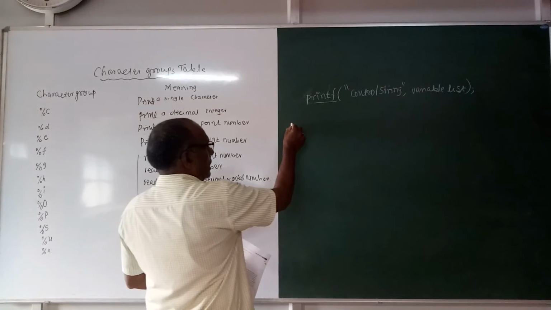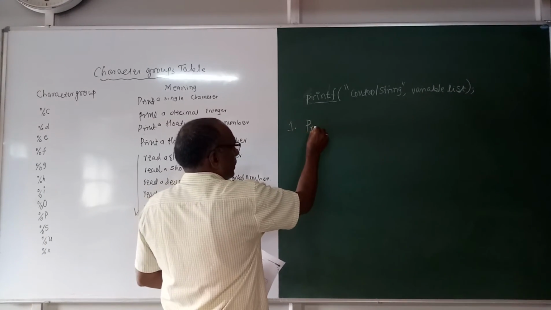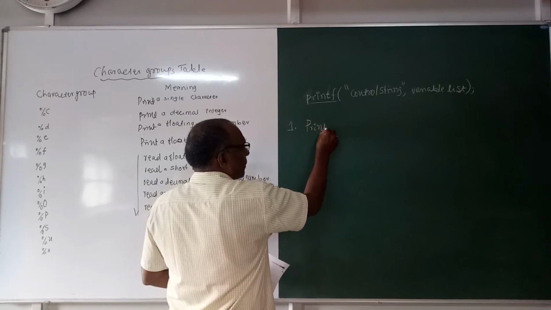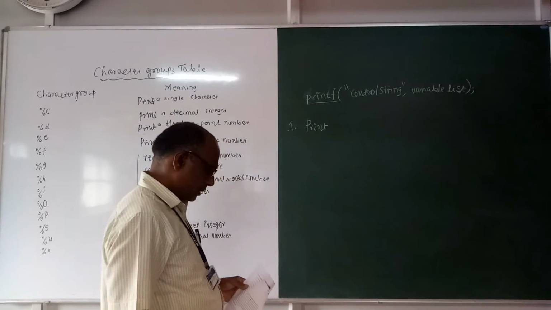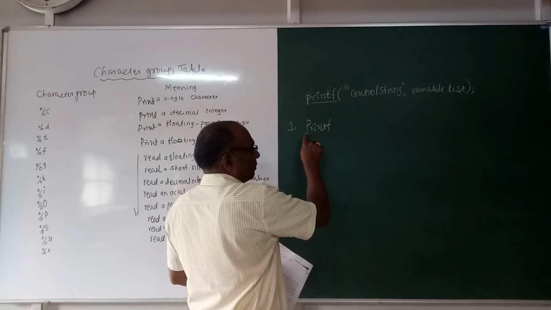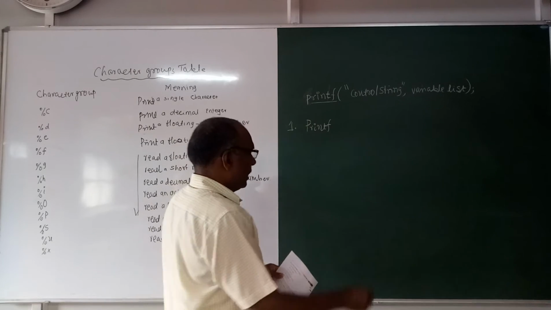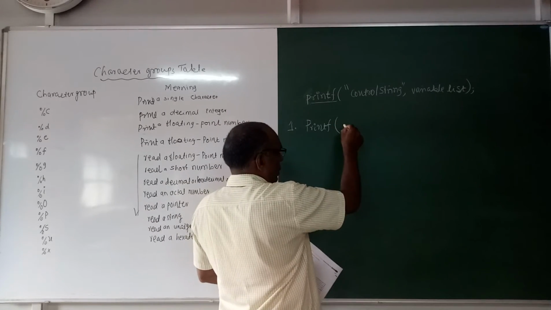I'll write one example here. Example number 1. Print, that means you are giving the command print to the computer. Formatted printf, that is the output function, and the control string.